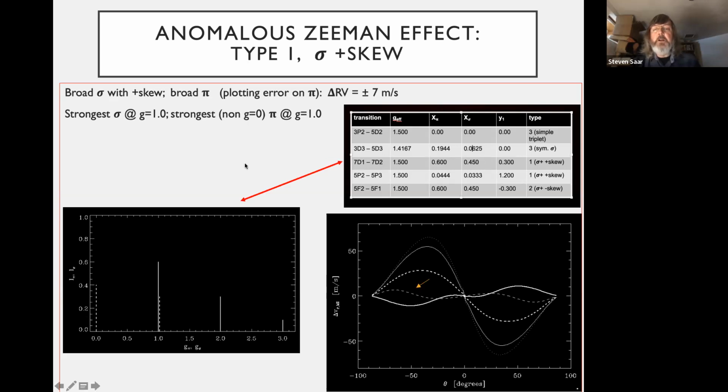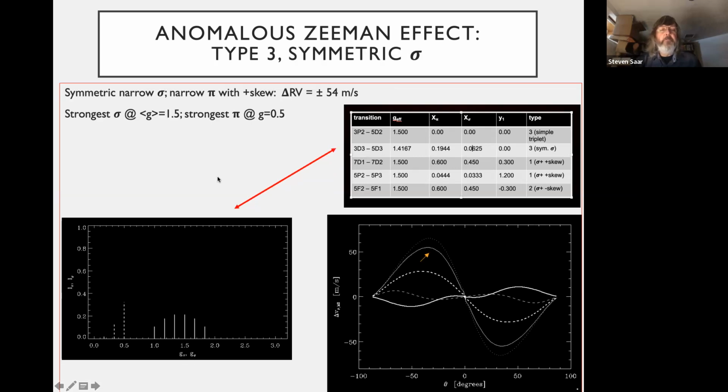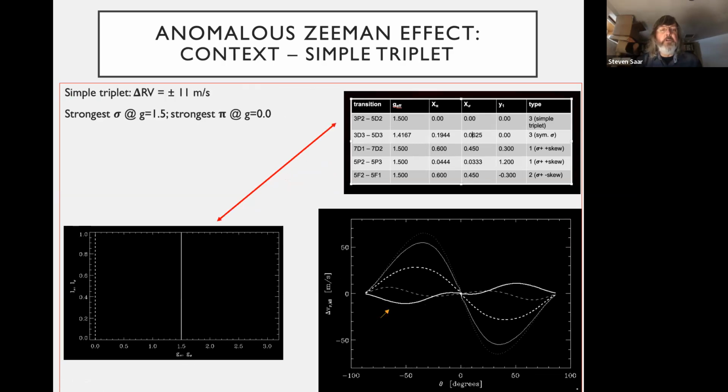Okay, the next line has the following splitting pattern. The strongest sigma component is at 1, and the strongest non-zero G pi component is also at 1. So that's less than either of the previous cases.